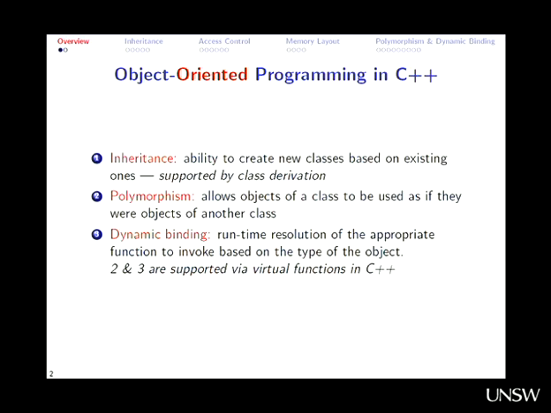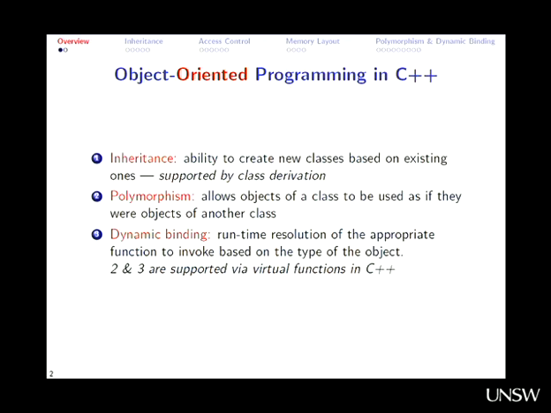Then we have the idea of dynamic binding, which is runtime resolution of the appropriate function to invoke based on the type of object. This means that when we have this inheritance hierarchy, dynamic binding allows us to say we have a function called talk, and it's defined for a person, and it's also defined for a child.